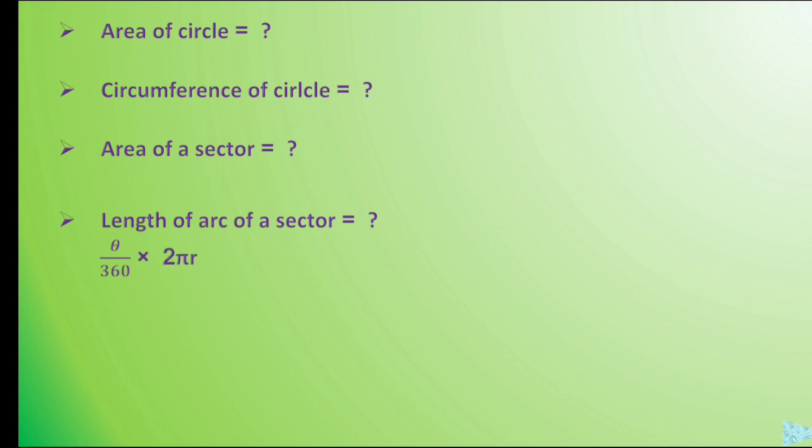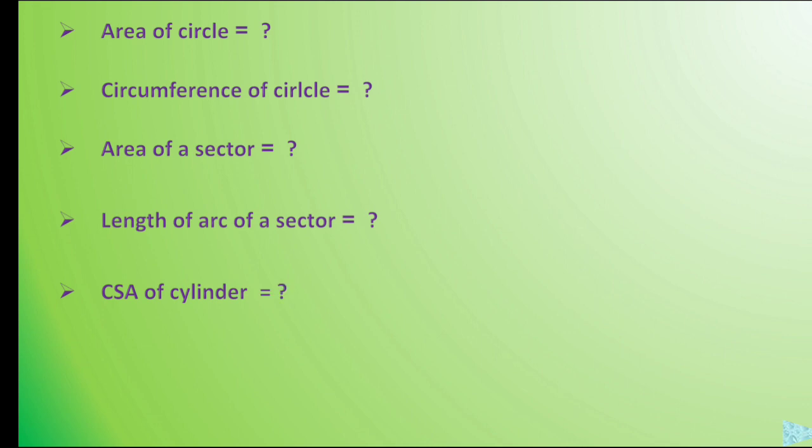It's equal to theta over 360 into 2 pi r. Area of a sector is theta over 360 into pi r square, while length of arc of a sector is theta over 360 into 2 pi r.